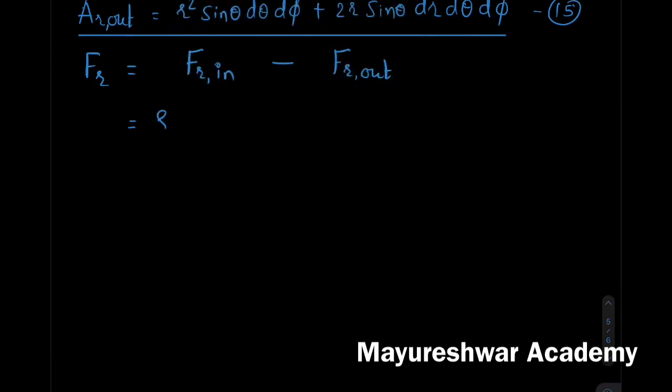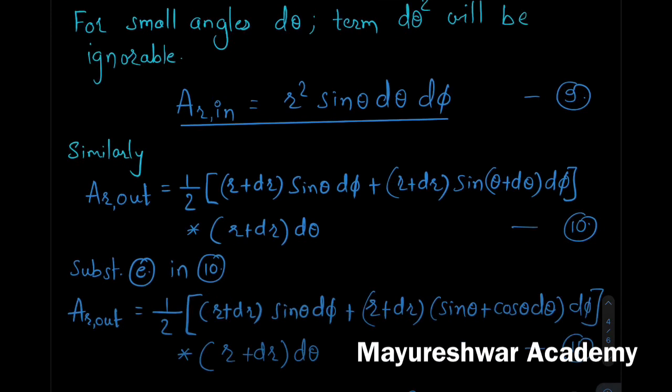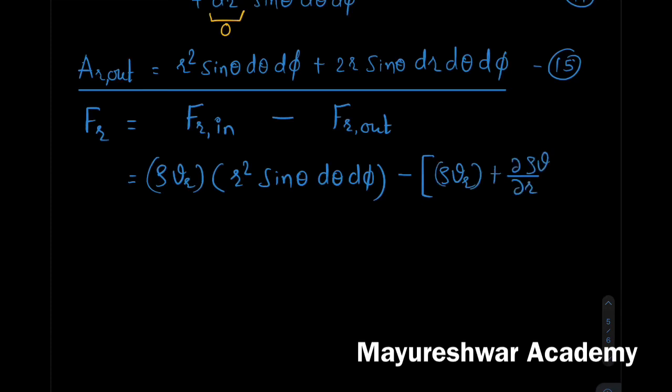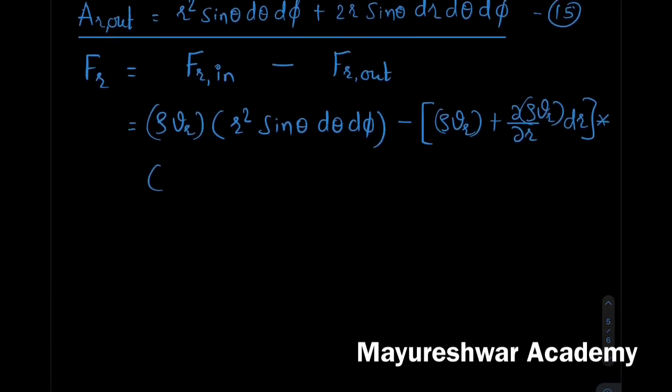So I am directly going to put this: rho vr into the area in, which is r squared sine theta d theta d phi, minus rho vr plus partial over partial r of rho vr dr into this area, r squared sine theta d theta d phi plus 2r sine theta dr d theta d phi.